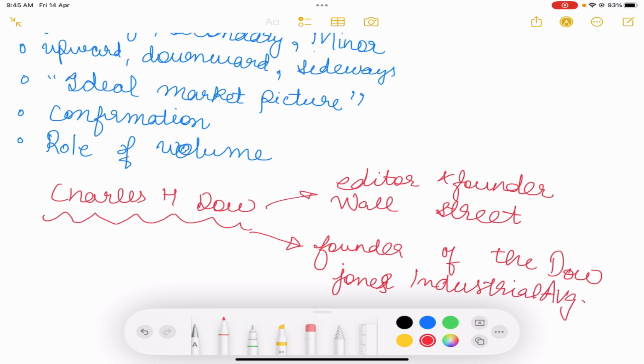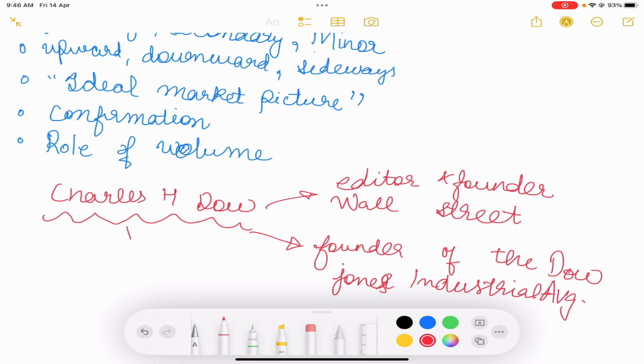In India, we have the Nifty 50 index, which comprises the top companies of India, and we have the Bank Nifty index, which consists of all the good banking stocks. In the same way, in the US, we have the Dow Jones index, and the Dow Jones index was founded by Charles H. Dow. Before, we used to call indices averages. So don't get confused. Wherever you see the word average in this chapter, they're talking about the index.